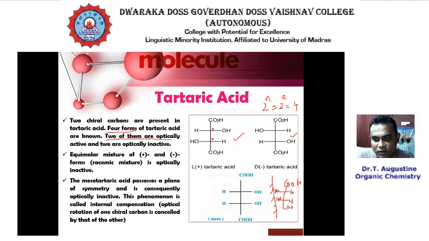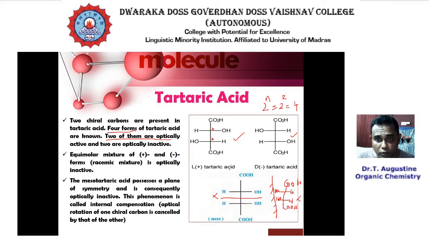So if we think of a mirror image of this compound, there are four stereoisomers for this tartaric acid. Two of them are optically active and these two are optically inactive because it has a mirror plane of symmetry and therefore it is a meso compound.